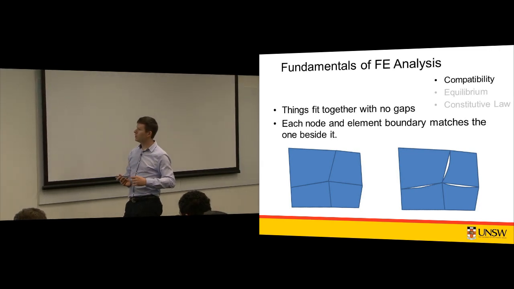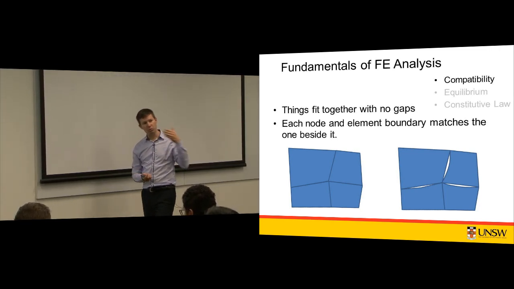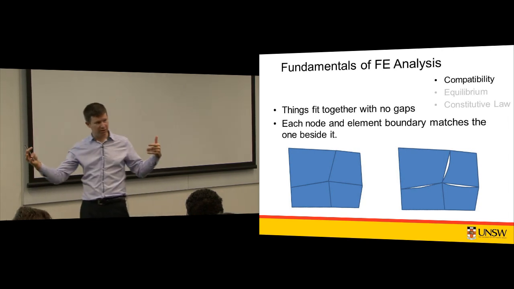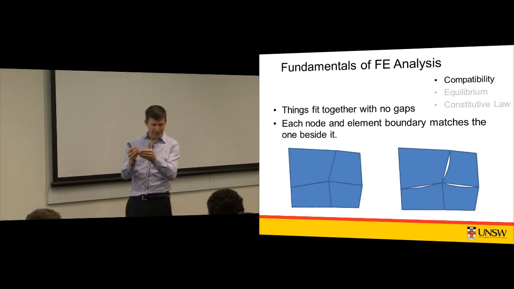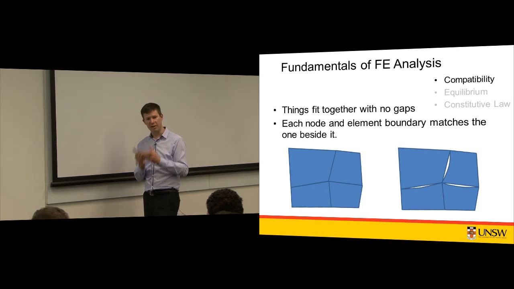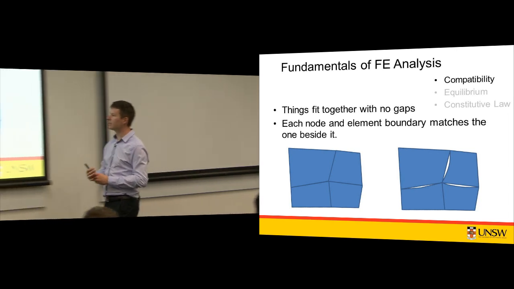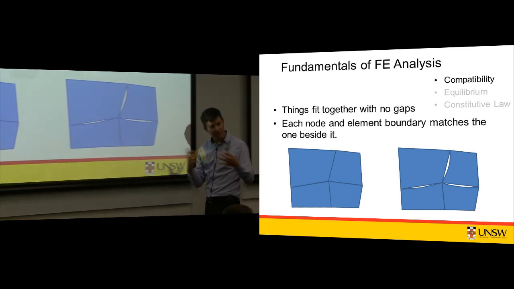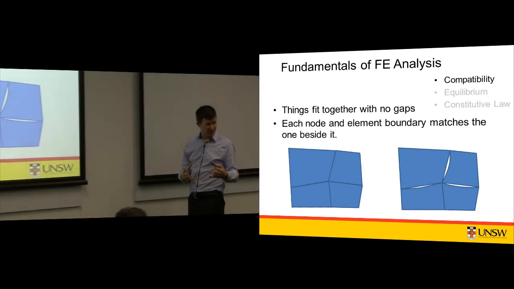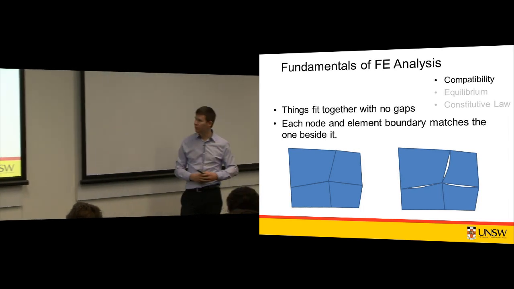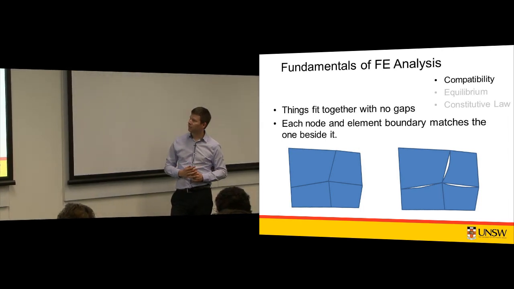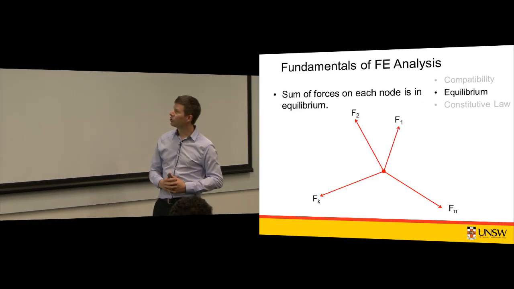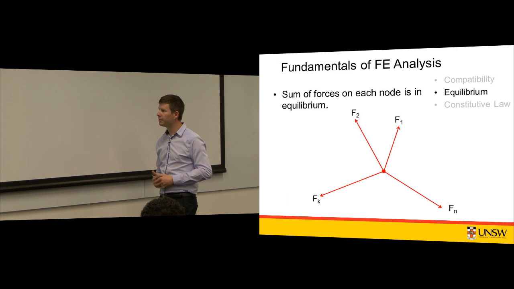That makes it really hard to, for example, use some 1D elements and then merge them in with a brick. So you've got some bars, and then you merge them in with a brick. That interface is really complex mathematically because it's hard to get compatibility. So often within one model, you'll see the same type of thing. You can do it. You can't trust the results at that interface. You can do it, but we won't deal with the maths of that. So compatibility, they fit together.